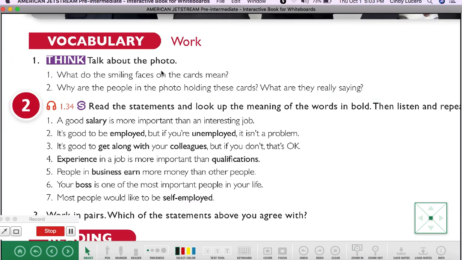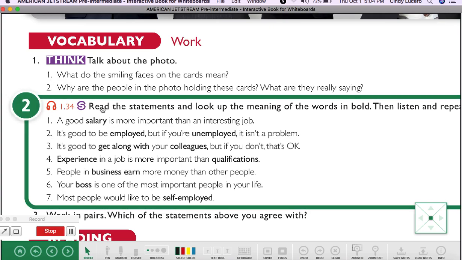Well, we have the introduction exercise number 1. This is not going to be done. We will skip it and concentrate on exercise number 2. Read the statements and look up the meaning of the words involved. These are the words involved. Pay attention. In your notebook, you will write the words that are in bold and look up the meaning.